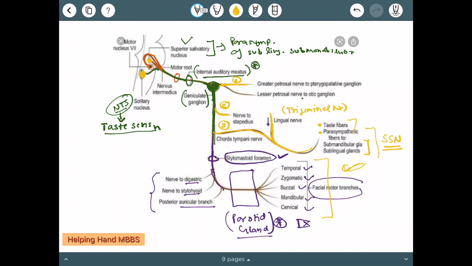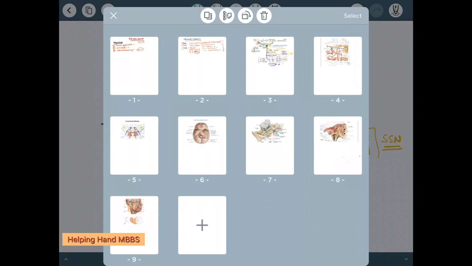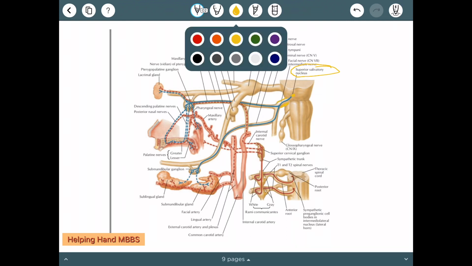Now we will study it on the skull by seeing diagrams. Before that, let us see this diagram also. It is a very good diagram to see how the superior salivatory nucleus is supplying these glands. So the parasympathetic fibers from the superior salivatory nucleus enter this facial nerve. Let me change the color.